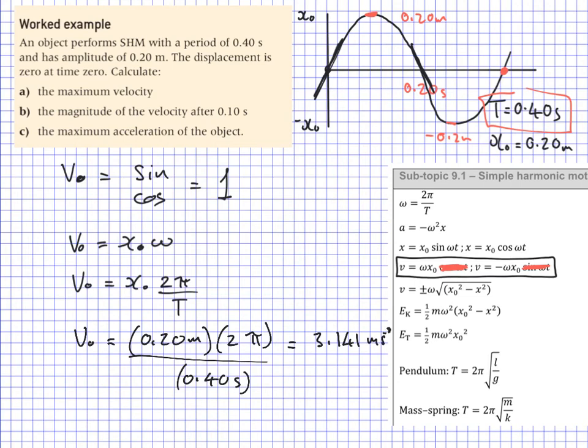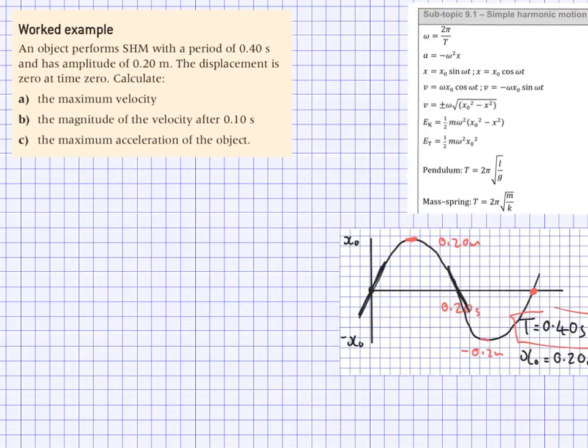I'm going to want to make sure I've got the right sig figs on this one. I've got two sig figs in my values in the question, so my answer has to match that. So I'm going to say 3.1 meters per second.